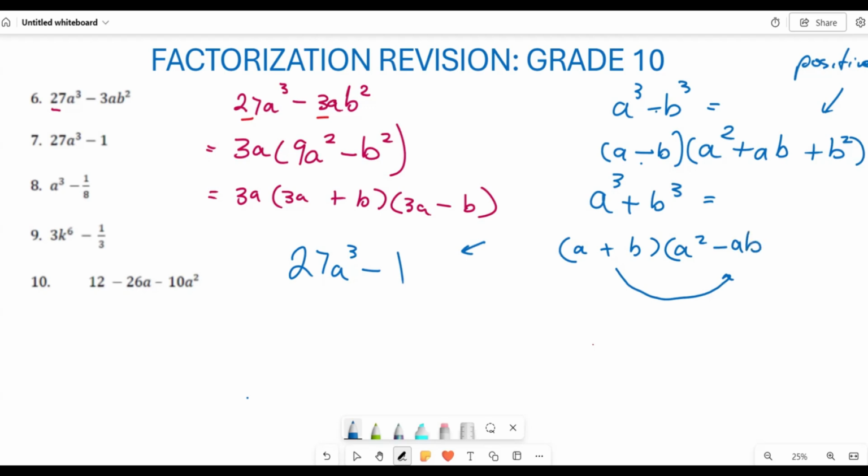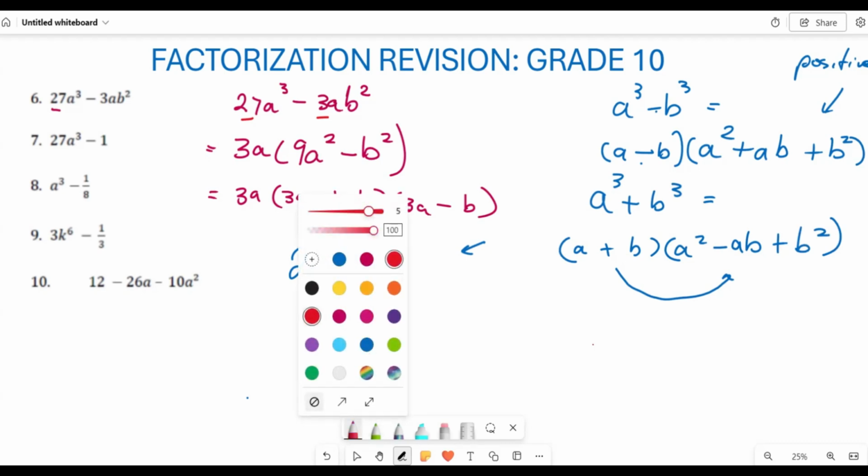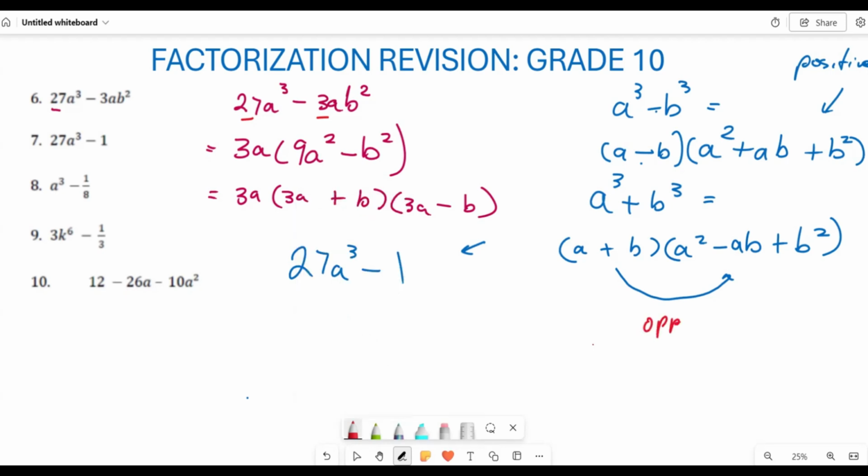And then the last term is always going to be b squared, always the positive b squared. Even here, if this was negative, this one is always going to be the opposite sign. And this one is always going to be positive in whatever you are having.